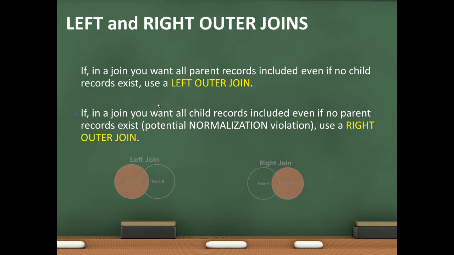Okay. Now, the right outer join, which is the one that we don't use very commonly, says the exact opposite. It says do the same thing as an inner join, but if you've got child data that doesn't have a parent, list it out anyway. Now, in our case, we better never have child data listed. If there is a batting record, it better belong to some person in the players table.